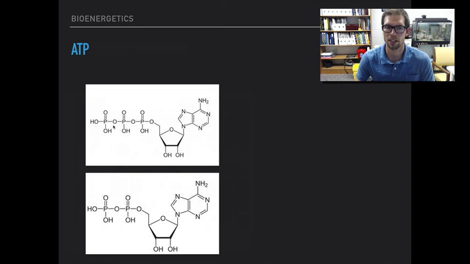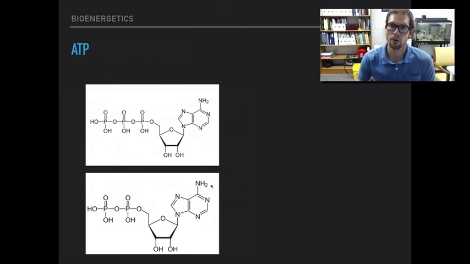But once that reaction breaks and you remove one of the phosphates, so down here is ADP, meaning that you've removed a phosphate from it, you've released energy. This energy can then be used in the cell to do some sort of work, to contract muscles, move molecules against their concentration gradient, or what have you.